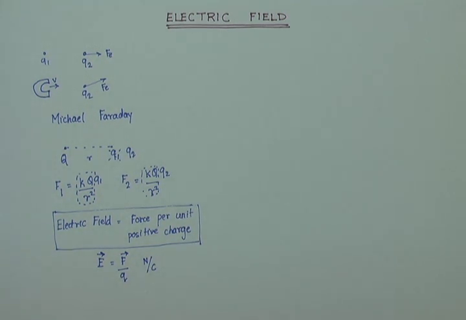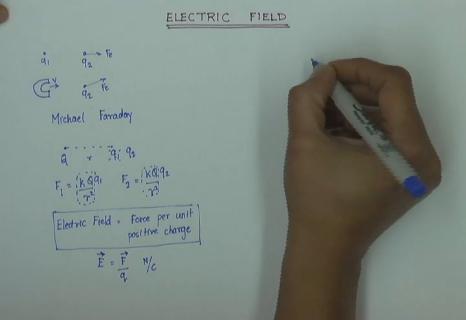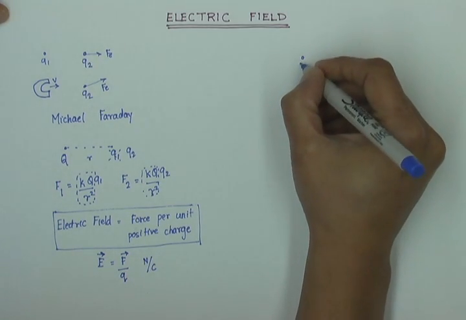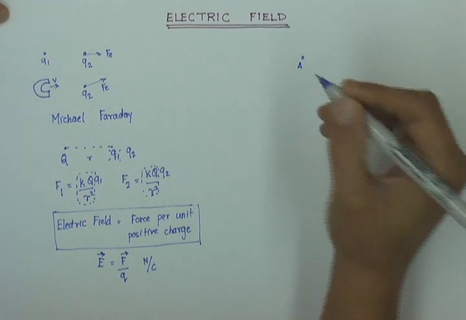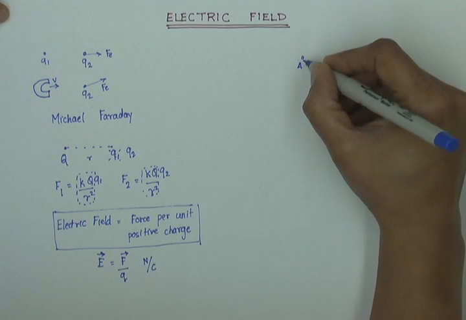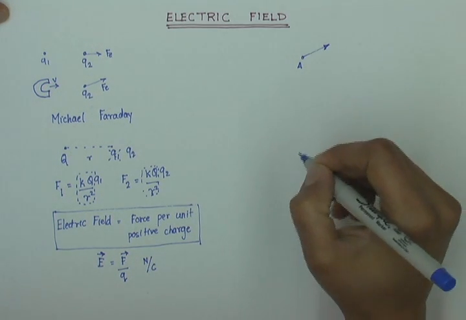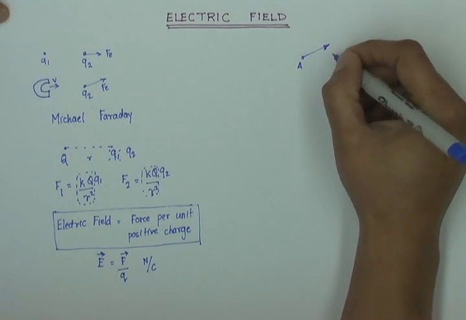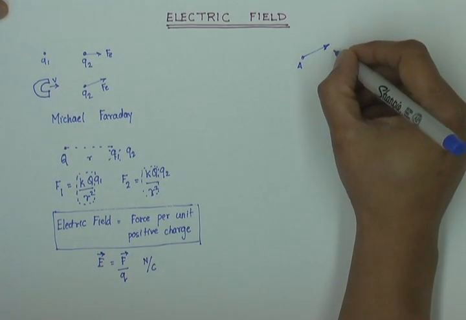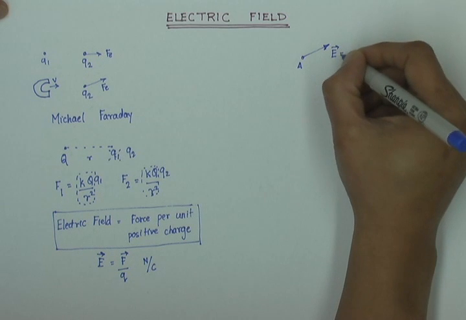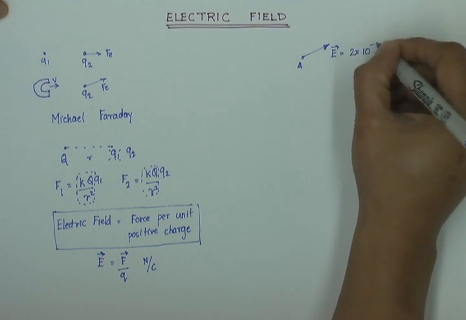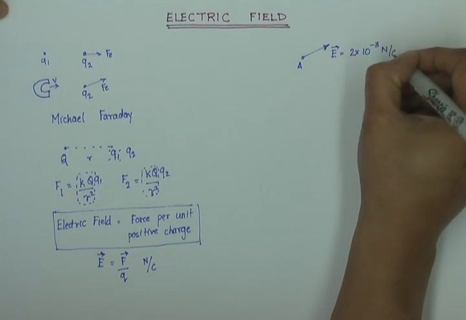So let us see how this helps. Say I have a point A, and I have found out that if I place a charge of 1 coulomb at point A, the force it experiences, which is the electric field, is 2 into 10 raised to minus 3 Newton per coulomb.